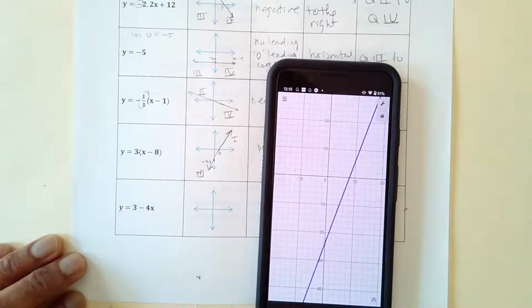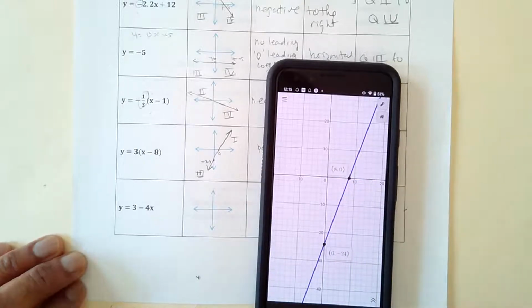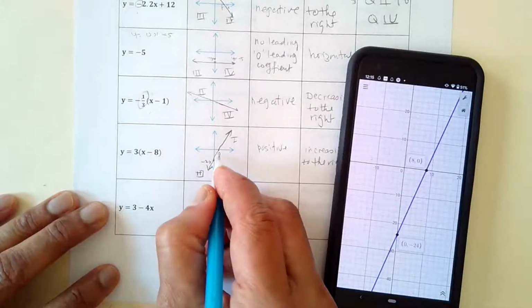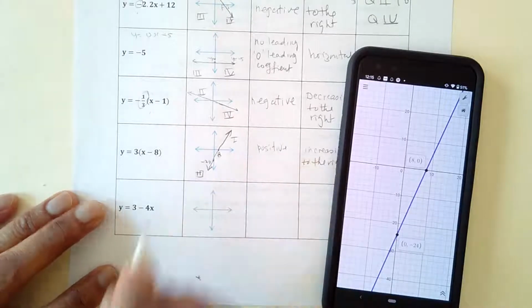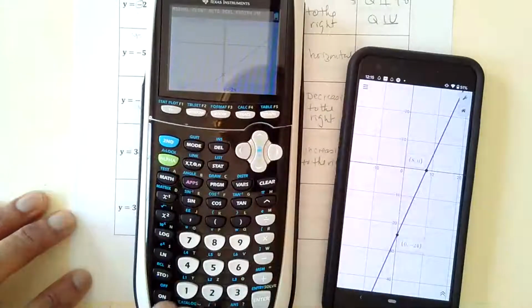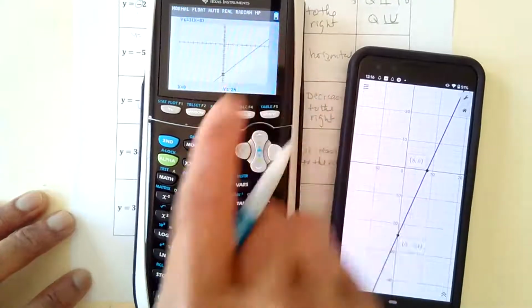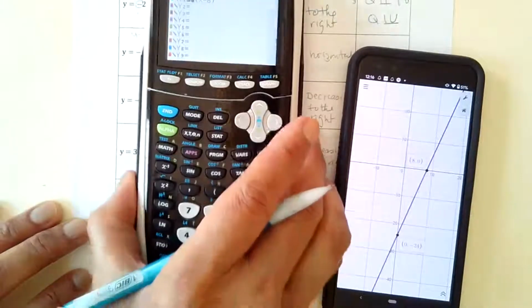So tap on it here. It gives me negative 4. If I tap on that, it gives me 8. So this is 8. Let's verify it in our calculator here. So I'm going to find my x-intercept.